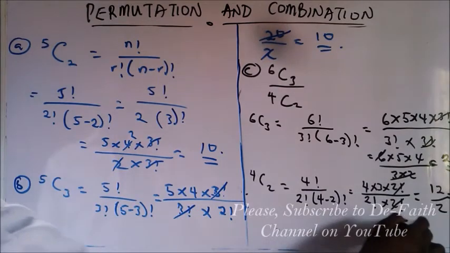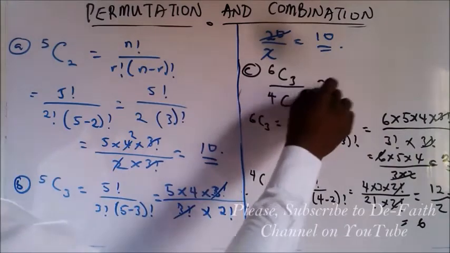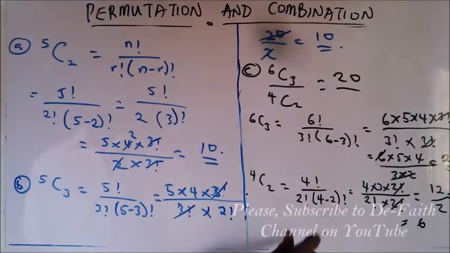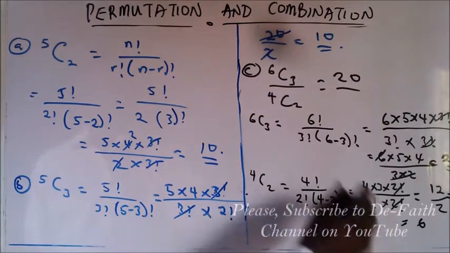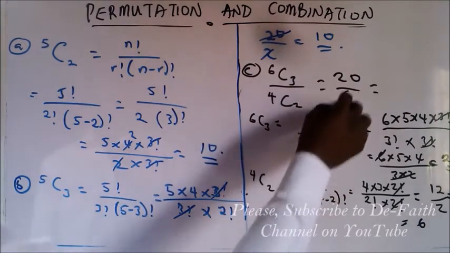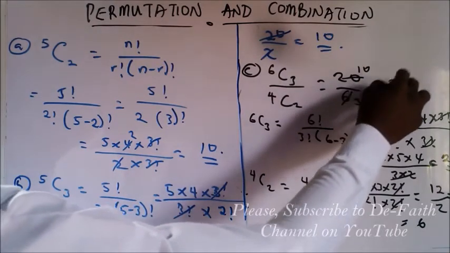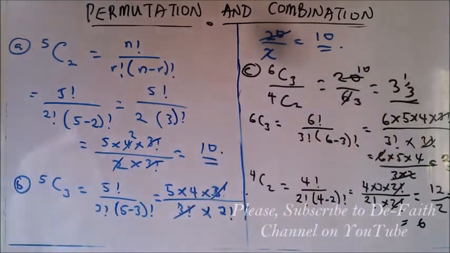So we have 6 left here. Next, 6 combination 3 is 20. So we have 20 here. And then we have 4 combination 2, which is 6. So we have 6 here. So when we divide this, 6 into 6 gives 1, we have 2 here, 3, 2 here, 10. And so we have 10 over 3 as the final answer.